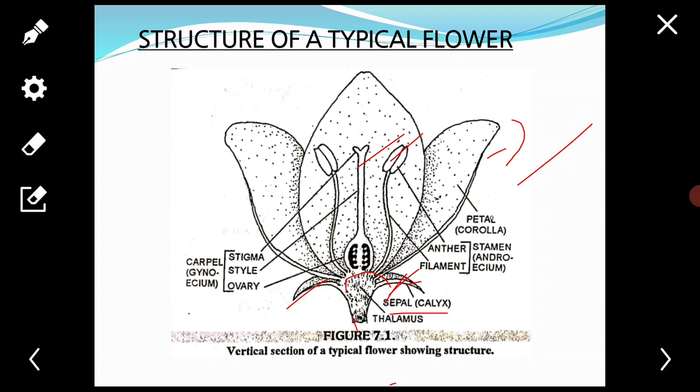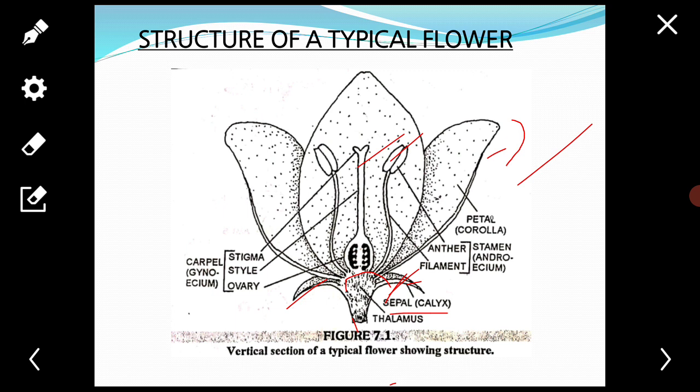Usually they are protective in function and protect the other floral parts in bud conditions. They prevent rapid transpiration from the inner parts of the flower.